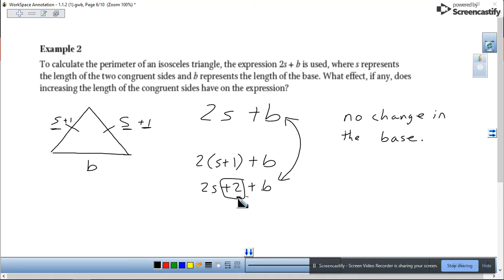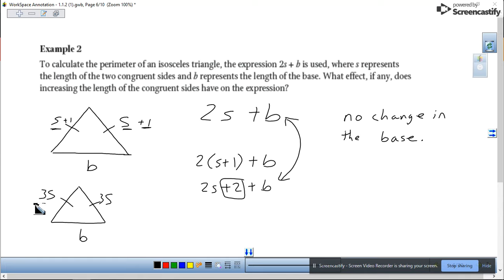I wonder if that theory would hold true for another value. So what if, let's draw a new triangle here, what if we did something else to it? What if we tripled it? What if we said we're not going to add something to s, we're actually going to make the length 3 times as big.